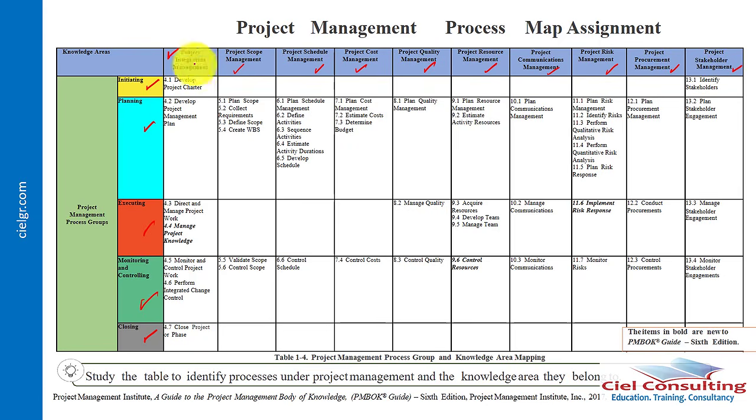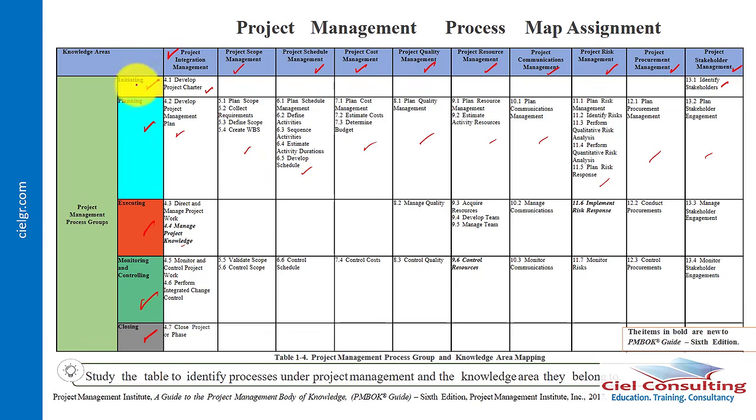So those are the 10 knowledge areas together with the 5 process groups that we have in project management. So all of these other items you're seeing here represent the 49 processes. So these are the 49 processes that we actually have within the PMI, project management body of knowledge, and that's exactly what you're seeing in this particular window.